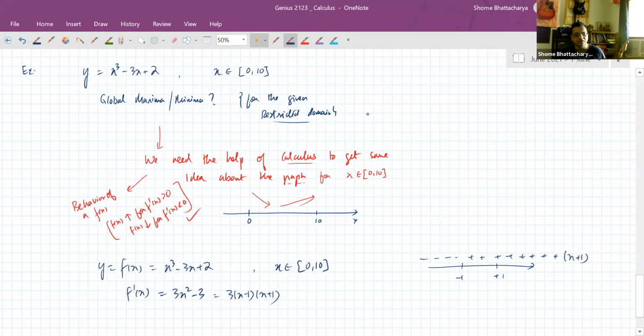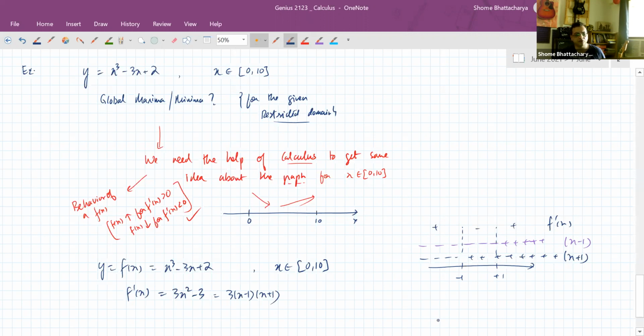So x plus 1 is negative for x less than minus 1, and x minus 1 is negative for x less than 1. So if I had taken an unlimited domain, then the derivative would be positive here, negative here, and positive here.